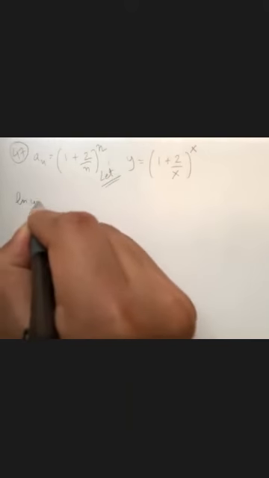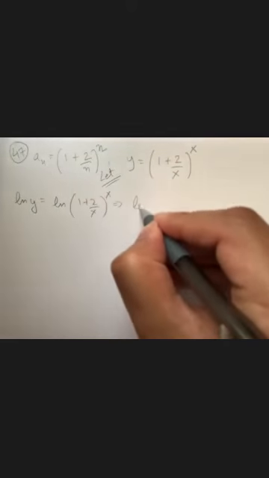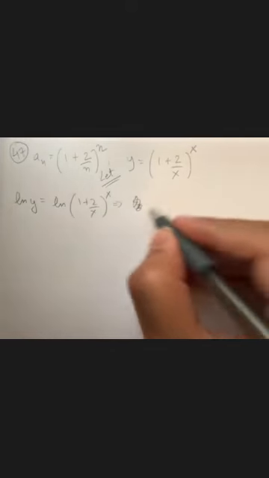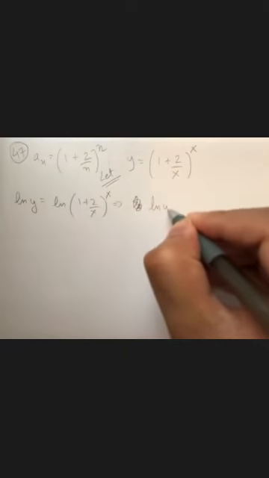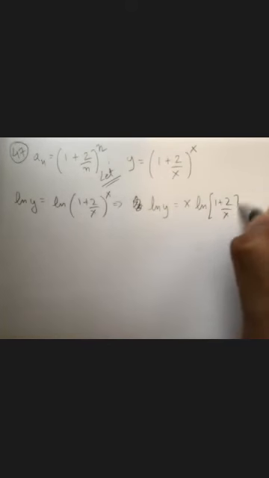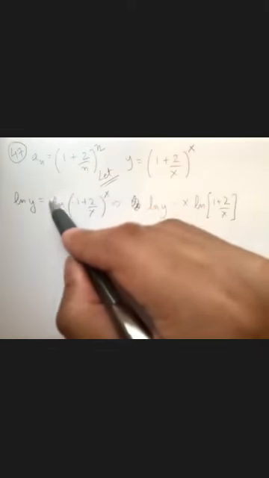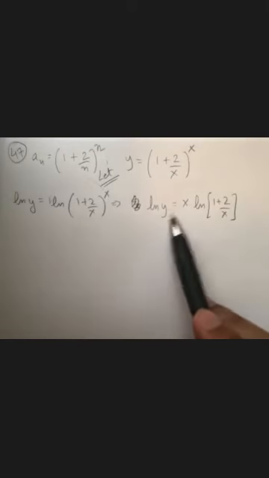Then if I take the log of both sides, natural log, that's the property of log. The exponent comes after. Okay.